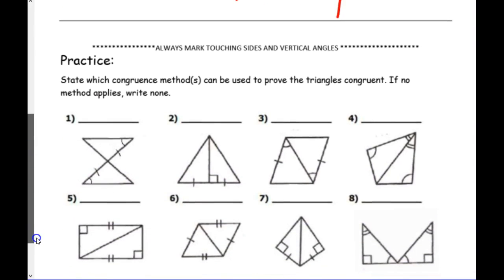Now, on the practice, the first thing I want you to do is label what again? Wherever they touch. And what kind of angles do we label that are across from each other?